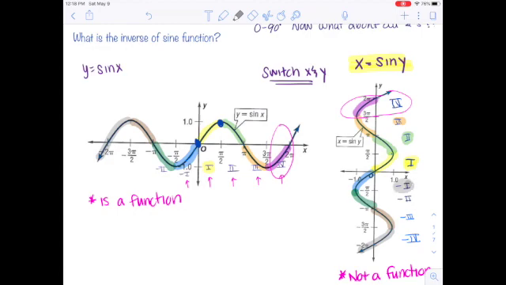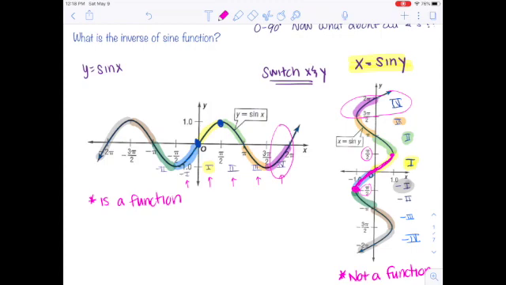Now, why did I stress the negative first quadrant? It's because when we restrict the domain of our sine function, we are actually defining our principal values of sine to be from the negative first quadrant all the way to the first quadrant.